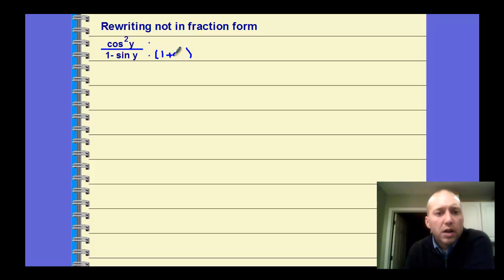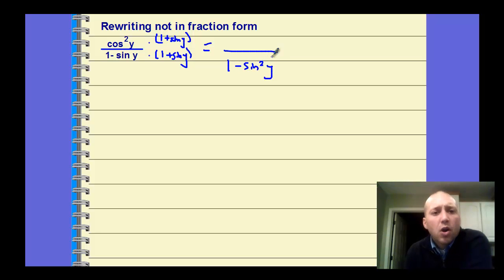So 1 plus sine y. It's like the difference of perfect squares. We multiply top and bottom by 1 plus sine y. So this algebra skill we've seen before. And so our denominator becomes 1 minus sine squared y. Our numerator, I'm not going to multiply, I'm going to leave it as cosine squared y times 1 plus sine y.